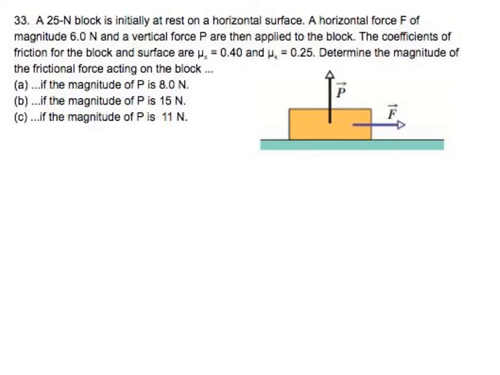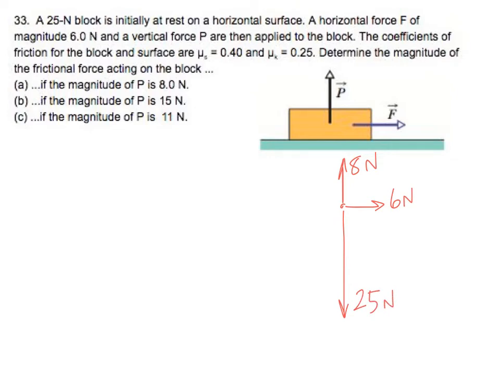So in the first situation, we have a force P of 8 that is up, and we have a force that's being applied horizontally in all situations of 6 newtons. And then the weight of the block is given to us as 25 newtons. So in all situations, we would use 25 down.